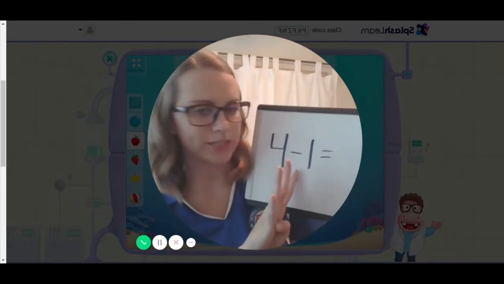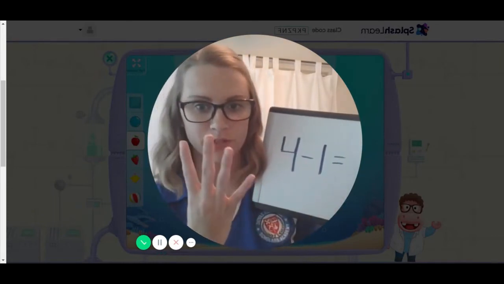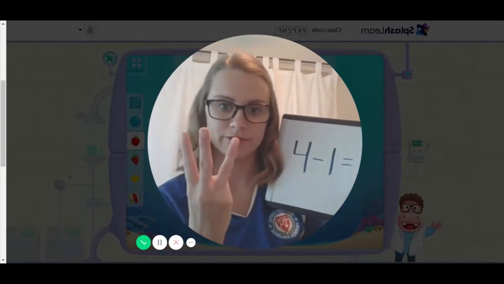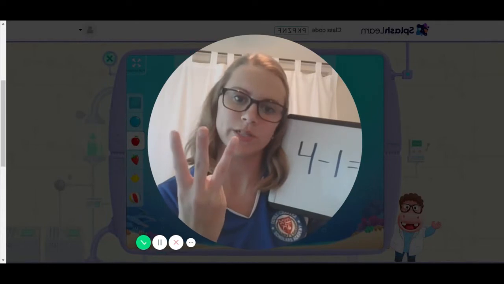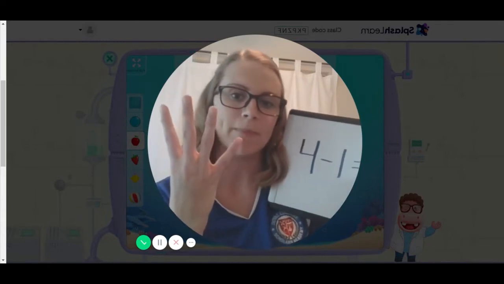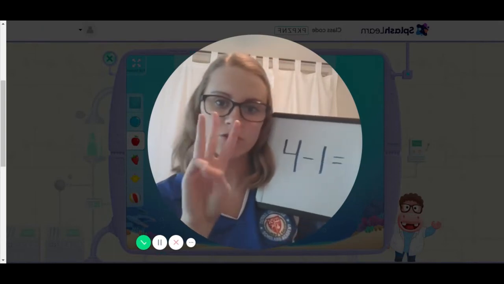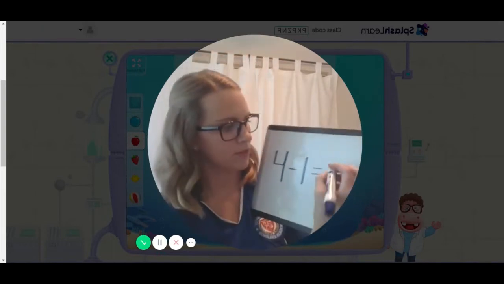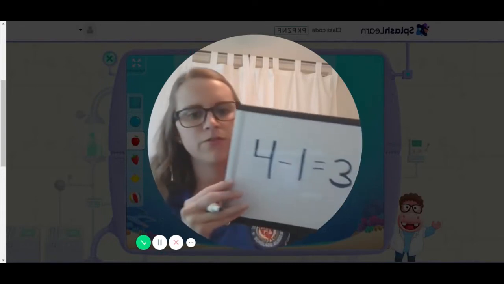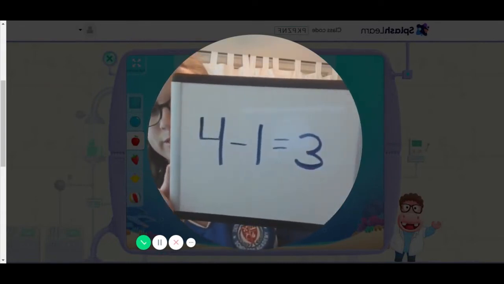Now how many do I take away? Only 1 finger, right? So I'm going to take away 1 finger. How many do I have left? 1, 2, 3. 3 fingers are left. So that means 4 minus 1 equals 3. So let's write the number 3. 4 minus 1 equals 3.